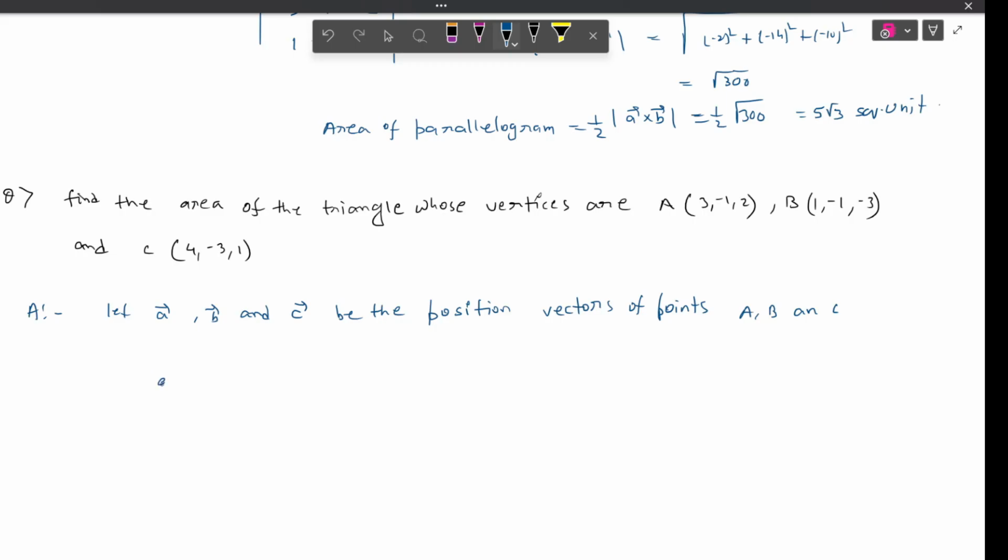So A vector would be 3 minus 0, that is 3 I cap minus 1 j cap, that is j cap, plus 2 k cap. Similarly, B vector would be I cap minus j cap minus 3 k cap, and C vector would be 4 I cap minus 3 j cap plus k cap.